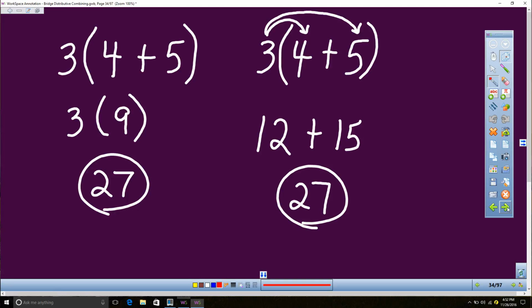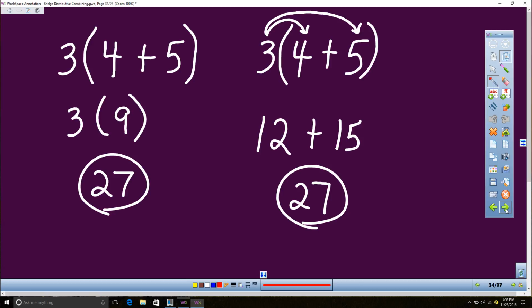Notice I got the same answer. Did you know this process always works in a situation like this? So I can always violate the order of operations in this particular kind of situation, and yet I'll always get the right answer. Now when that happens, when we see a pattern that always works, we call it a rule or a law. This rule or law is called the distributive property.